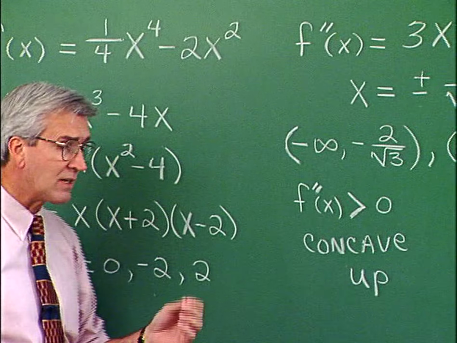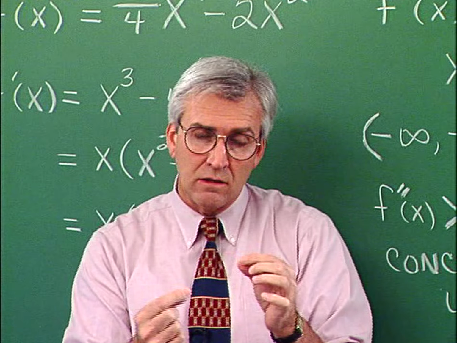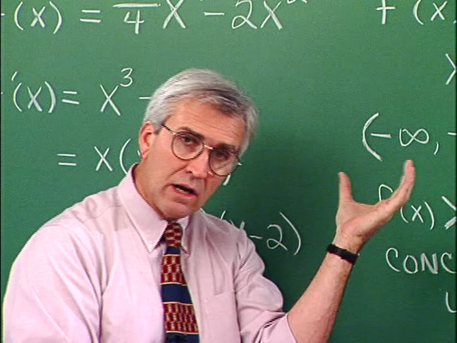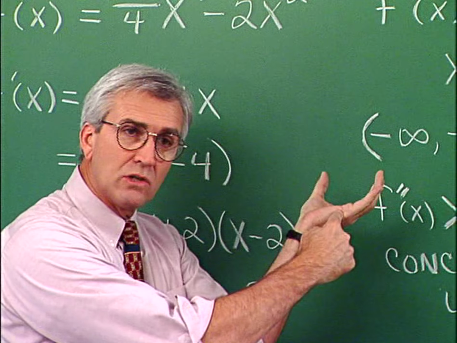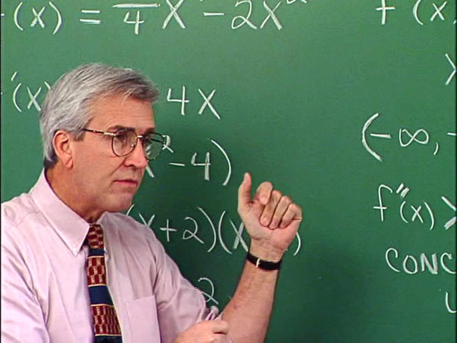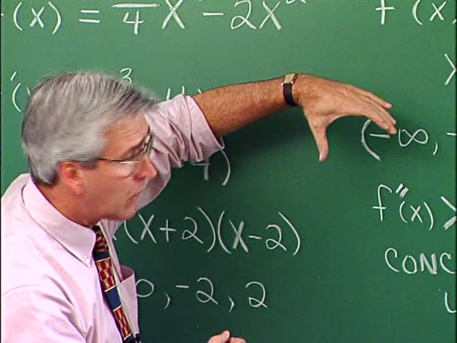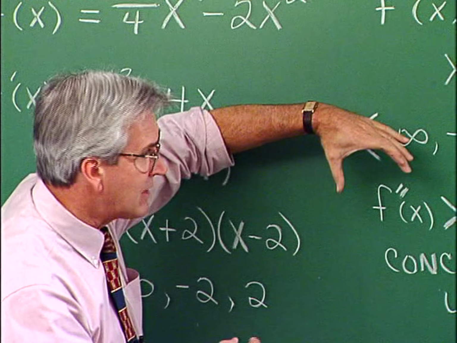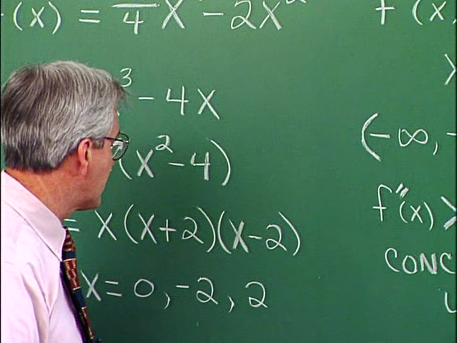And as a matter of fact, if a candidate for max or min falls into an interval where we have concave up, then that point must be a relative minimum. If one of those candidate points falls distinctly in a region where we have concave down, then the point is a relative maximum.